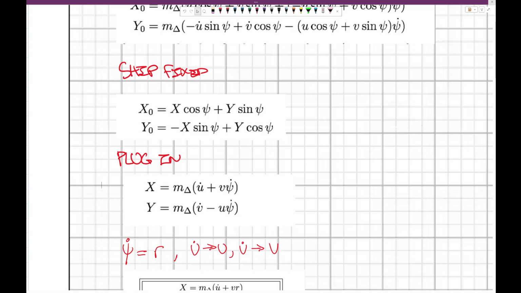The next step is to simply plug into the previous equations and simplify, which gives the equations of motion in the forces, velocities, and accelerations measured in the ship fixed reference frame.